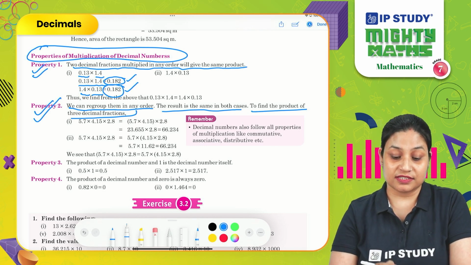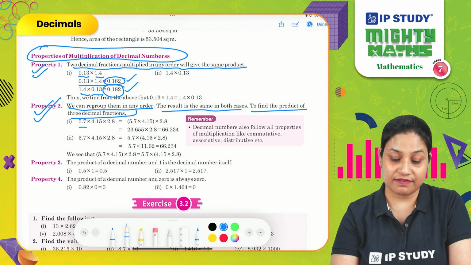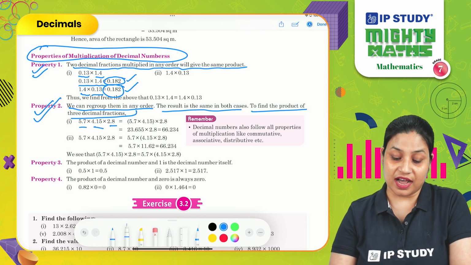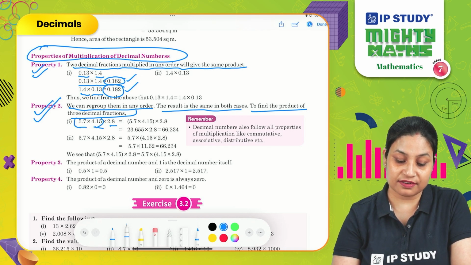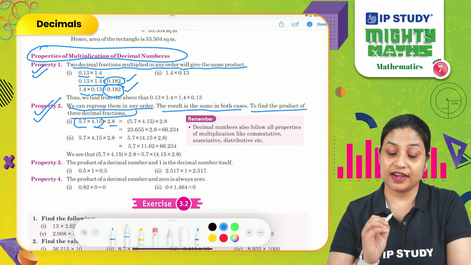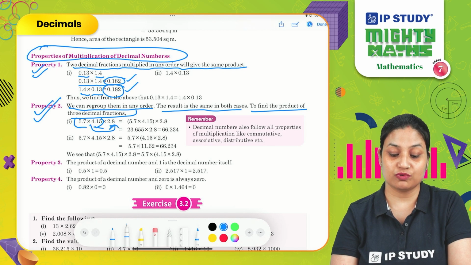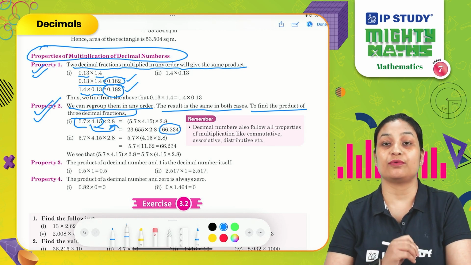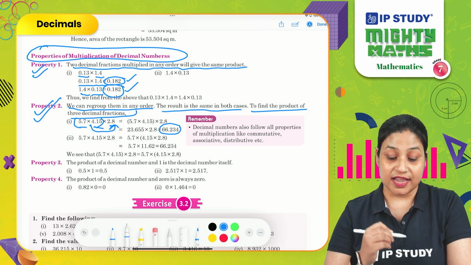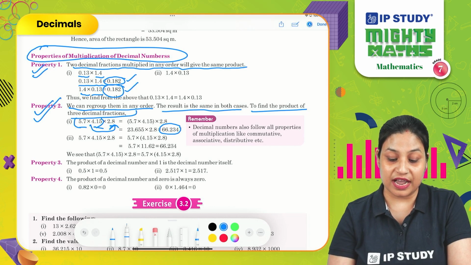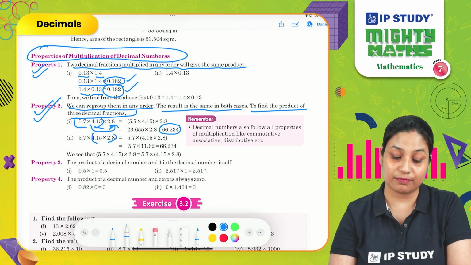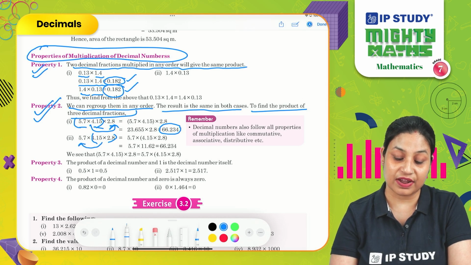Suppose you are going to multiply 5.7, 4.15 and 2.8. I will group the first two numbers, find their product and multiply it with 2.8. If I do so, I will get 66.234. In the next scenario, I will change the grouping. Instead of multiplying the first two, I am multiplying the last two numbers and then finding the product of that result and 5.7.